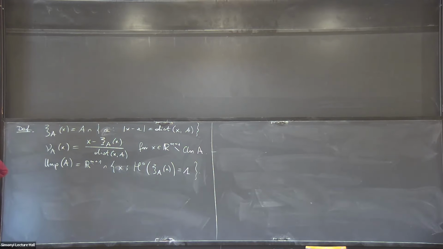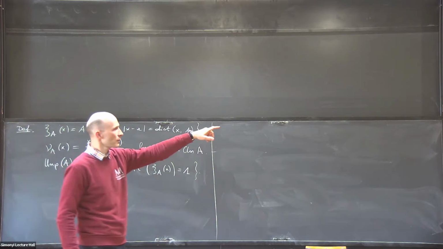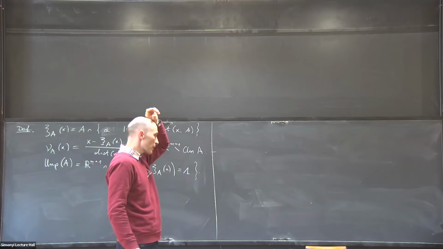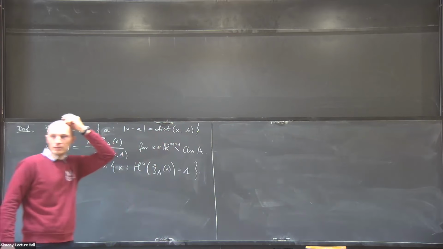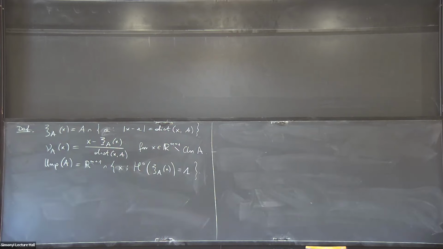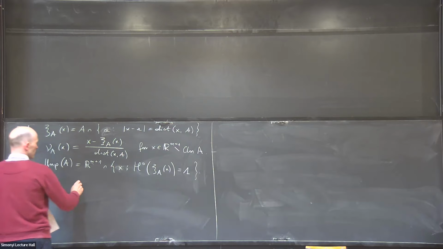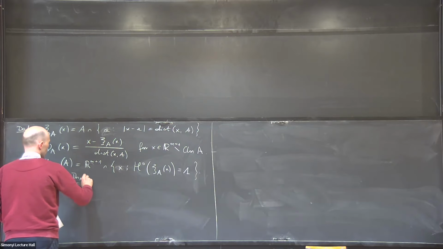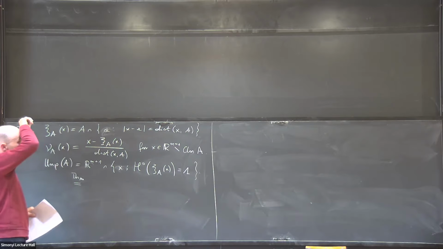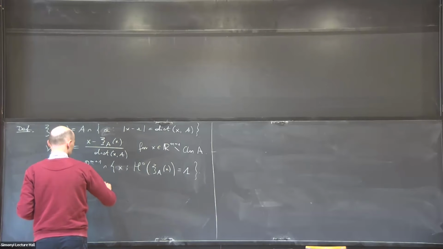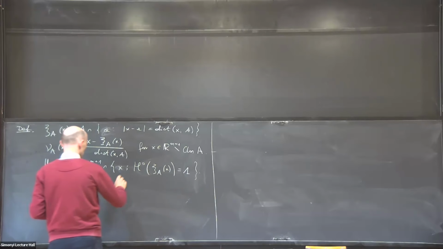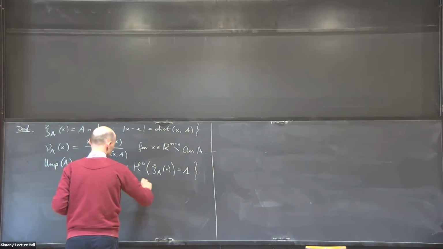Now, in the whole paper we talk about sets with respect to phi, but it turns out that you can do everything in the Euclidean norm, and we don't need the phi norm here. So we define all these things with respect to the Euclidean norm. And there is a theorem, I think it's even in Federer's curvature measures paper, that this is the set of differentiability points of the distance function.